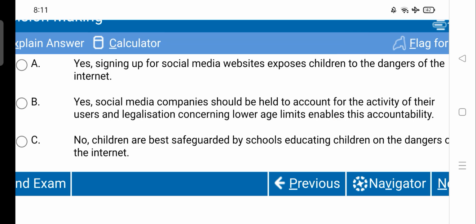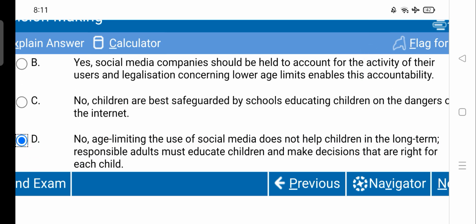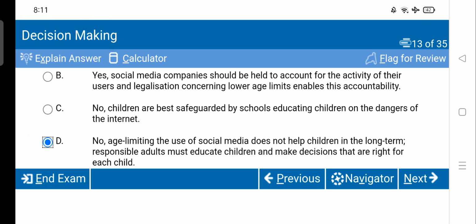So here the correct option is D, that says no. Age limiting the use of social media does not help children in the long term. Responsible adults must educate children and make decisions that are right for each child.